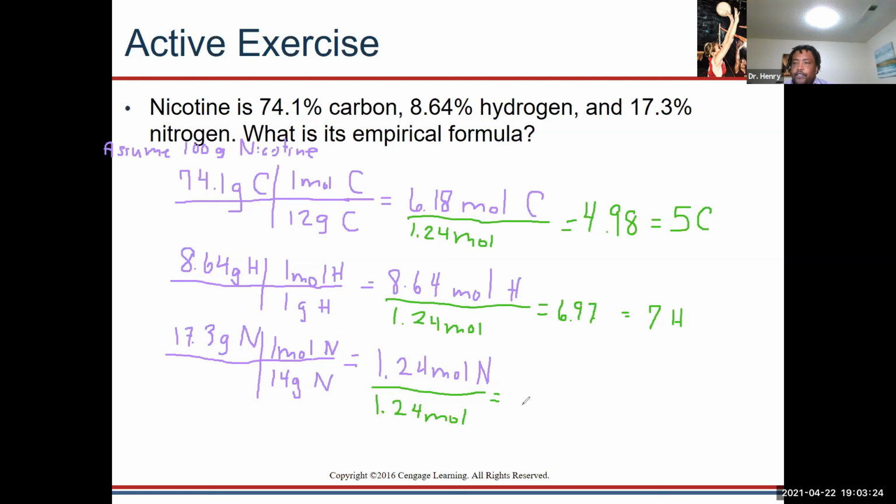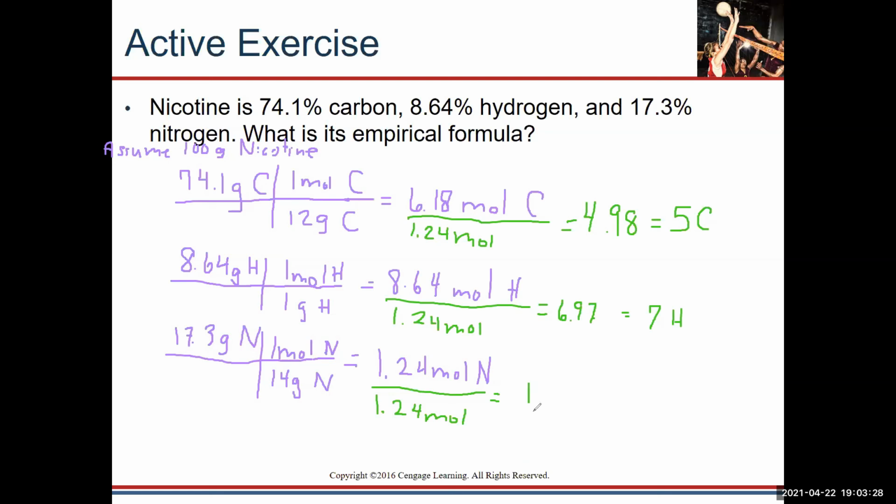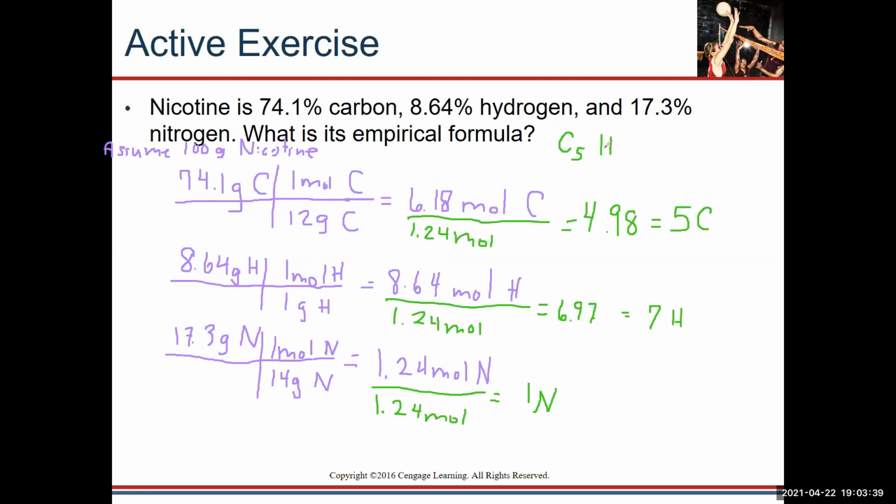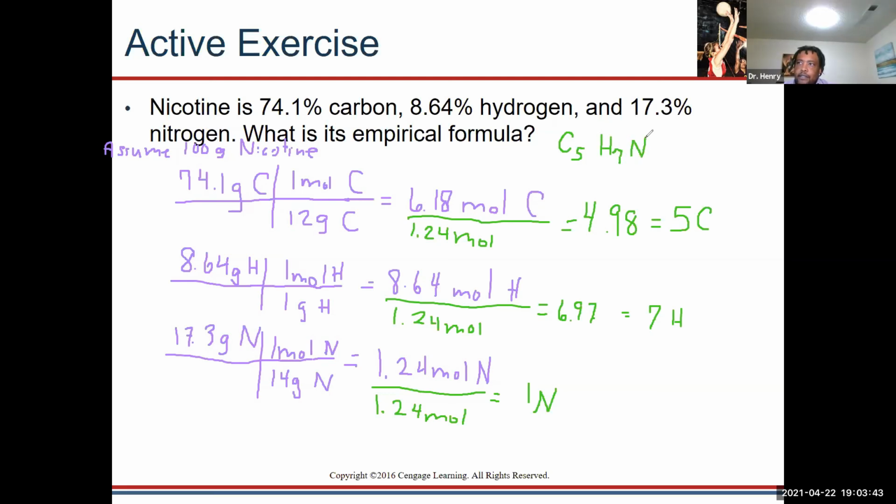And then nitrogen? 1. Okay, so my chemical formula would be C5H7N. Okay, piece of cake?